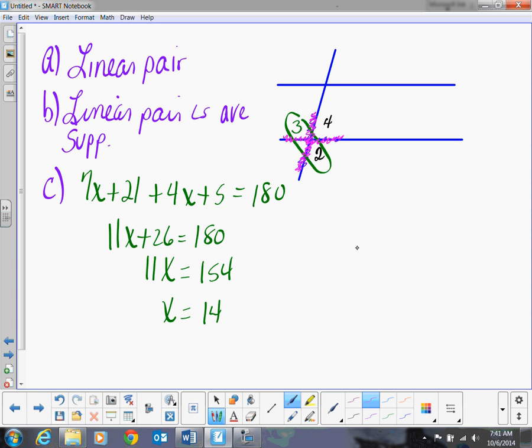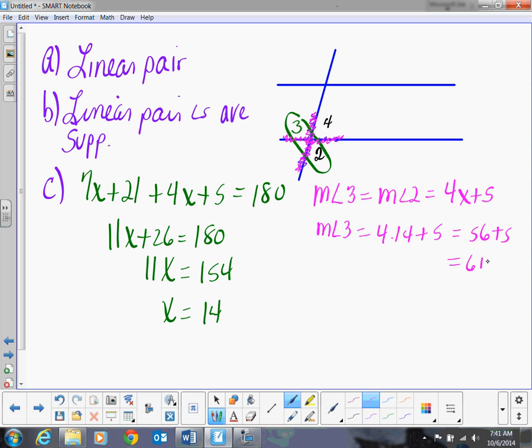Vertical. And so what do you know about vertical angles? Right. So the measure of angle 3 is equal to the measure of angle 2, which then leads me to my paper to pick up 4x plus 5. So the measure of angle 3 is going to be 4 times 14 plus 5, which is 56 plus 5, which should be 61. Is that what I got? Next question.